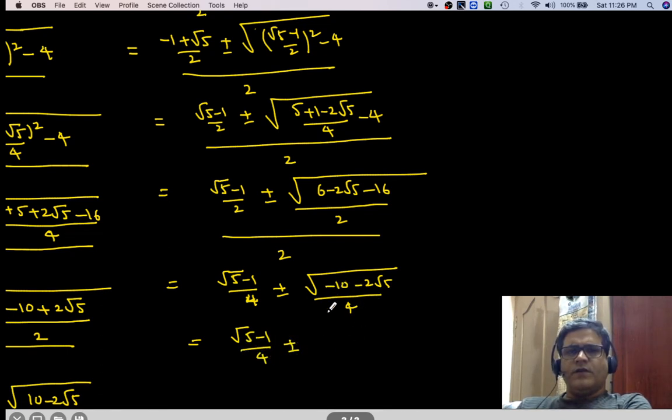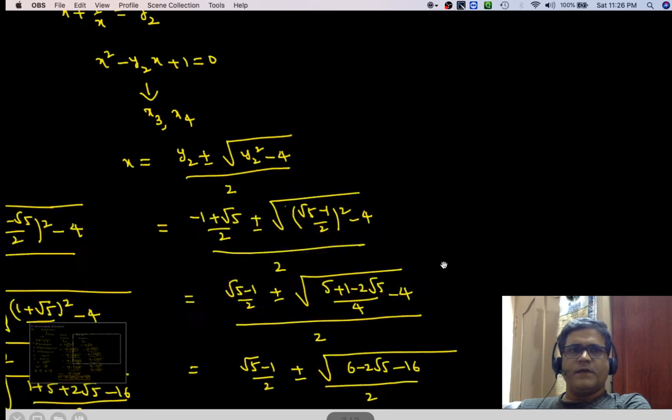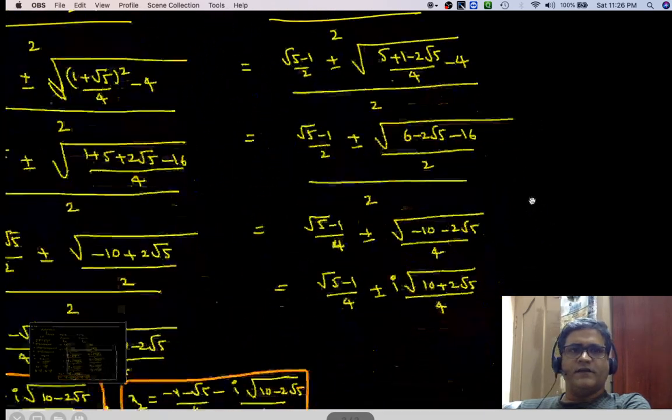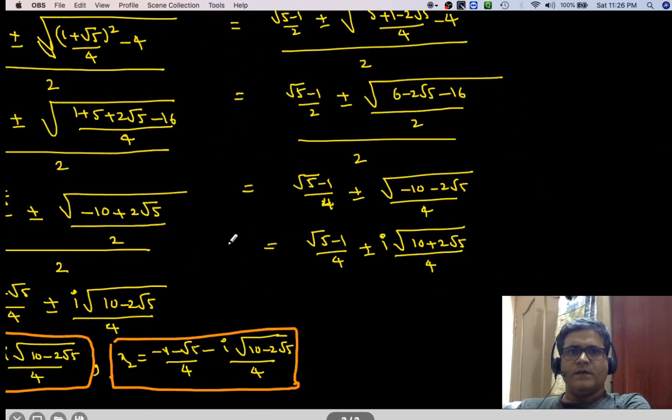If we take the minus outside, then it becomes i × √(10 + 2√5)/4. So these are the x3 and x4 values.